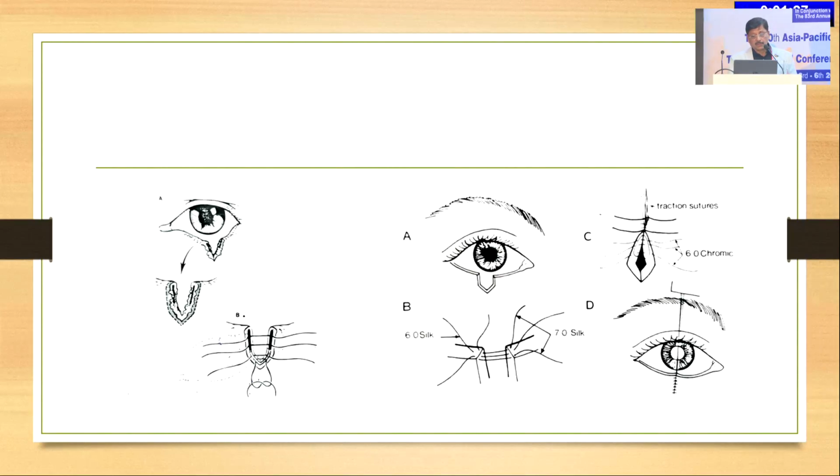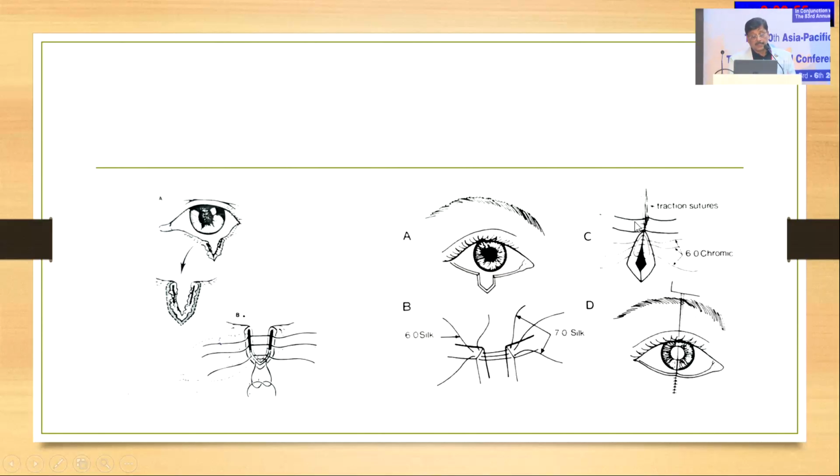And the basics of injury repair can be seen here. You see that there is a ragged margin, it has been freshened up, and the first lid suture in the center is given with a stronger suture material like 6-0, and the lateral 2 are given by 8-0 of Vicryl type of things.